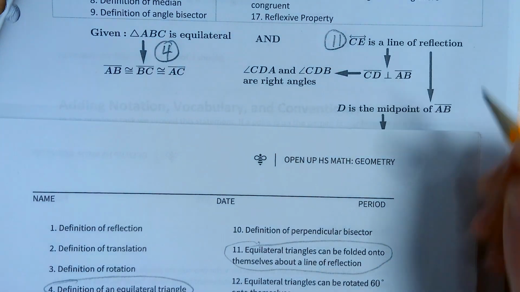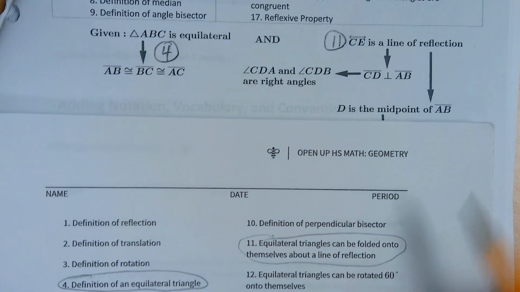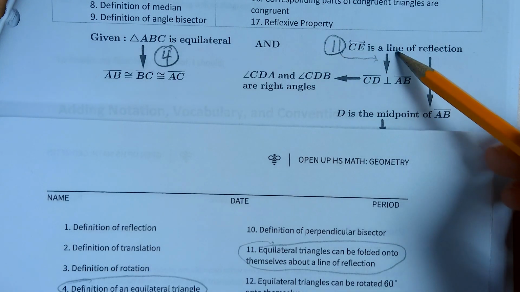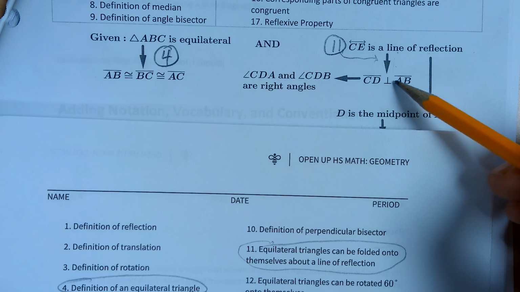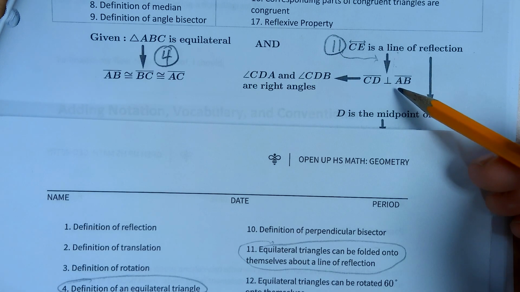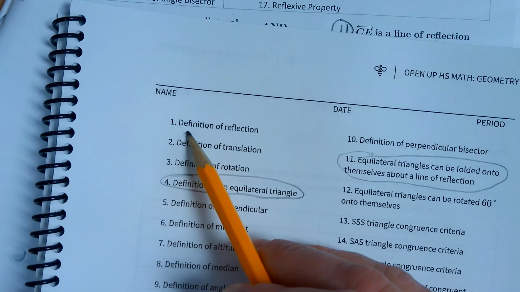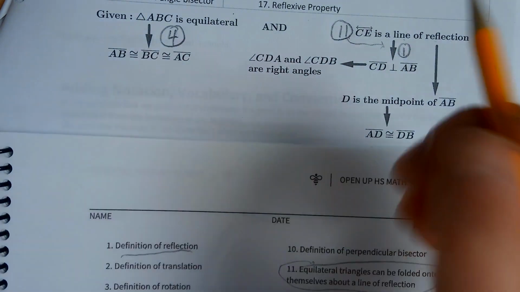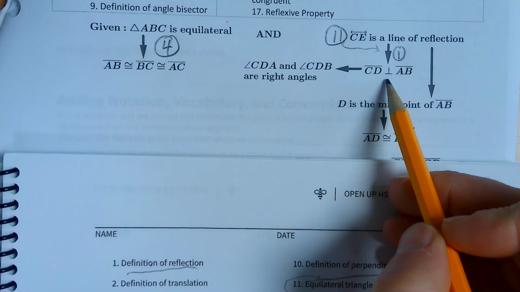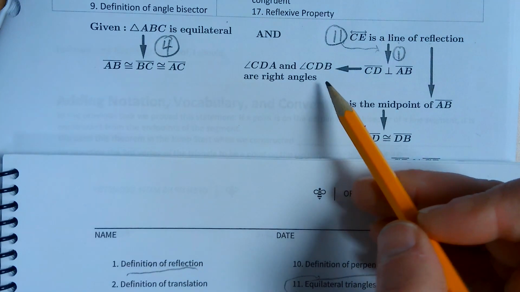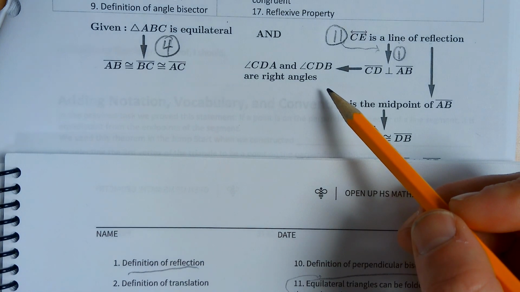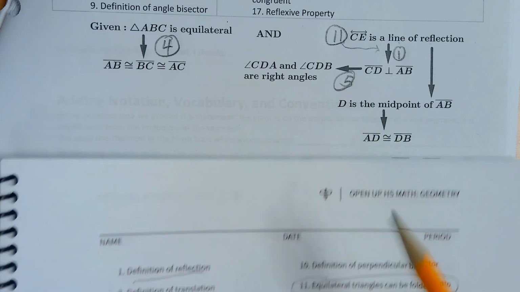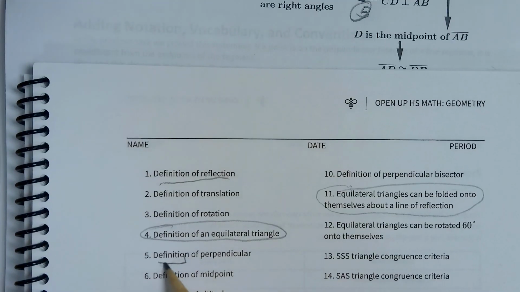Doesn't really make sense. Okay, but if CE is a line of reflection and combined with this factoid, we know that this has to be perpendicular. That is the definition of reflection. But if those two lines are perpendicular, then those two angles are right angles. That is the definition of perpendicular. 5. Definition of perpendicular.